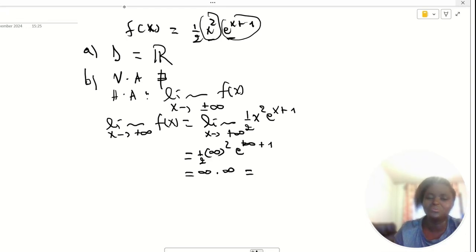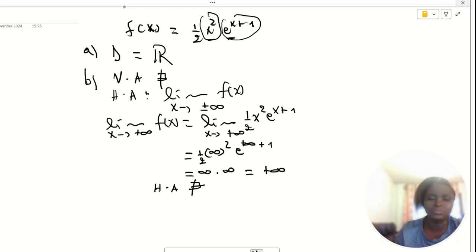So this is equal to plus infinity. We don't have a horizontal asymptote when x tends to plus infinity.